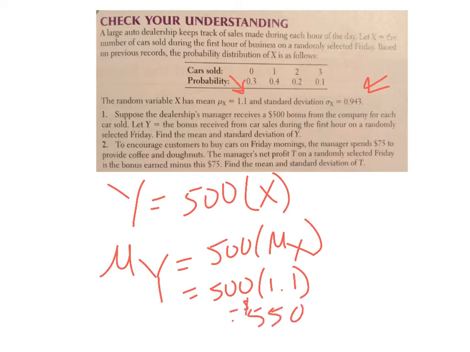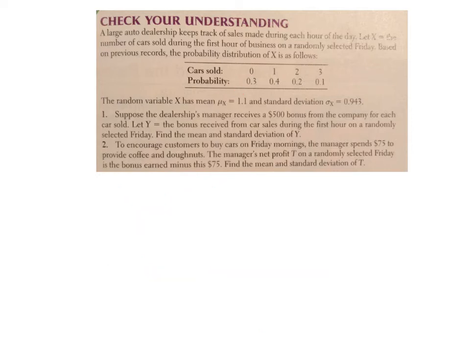So that would be the average bonus that the manager would receive in the first hour of business on a randomly selected Friday out of many, many Fridays. To find the standard deviation of Y here, I can do the same thing, right?